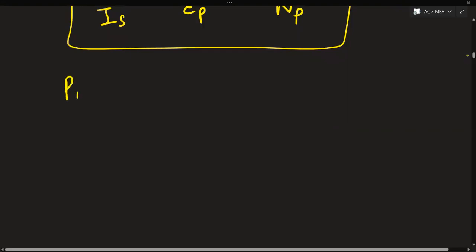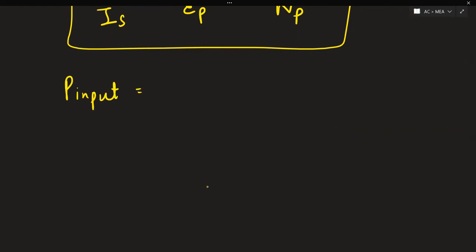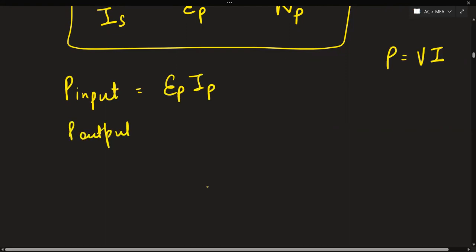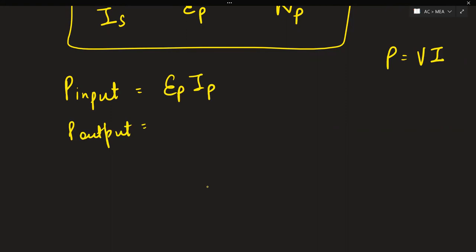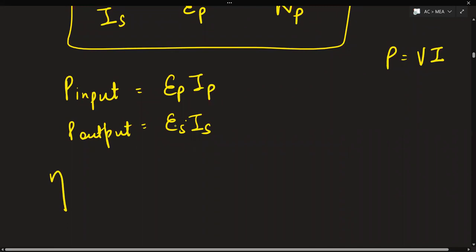So power input, the formula for power is VI. So this will be equal to EP IP. And power output will be equal to VI, ES IS.